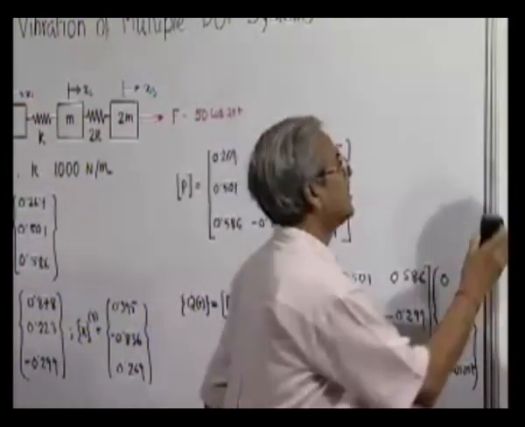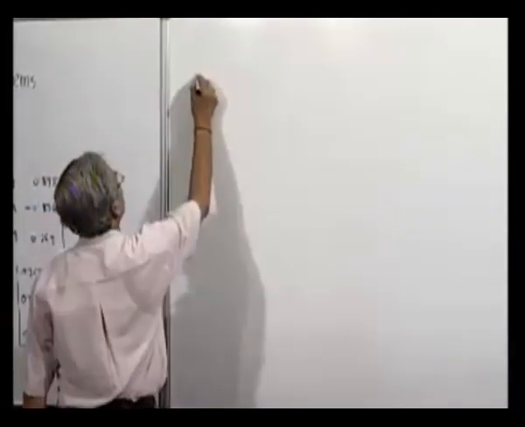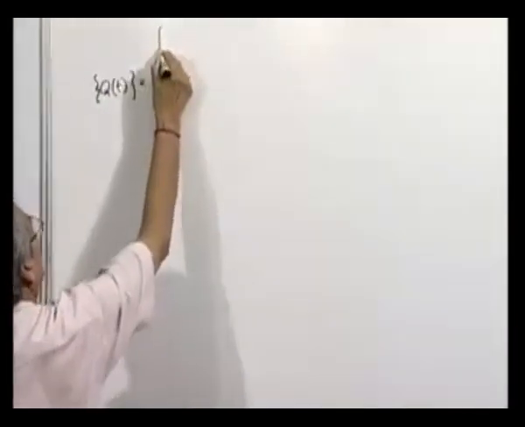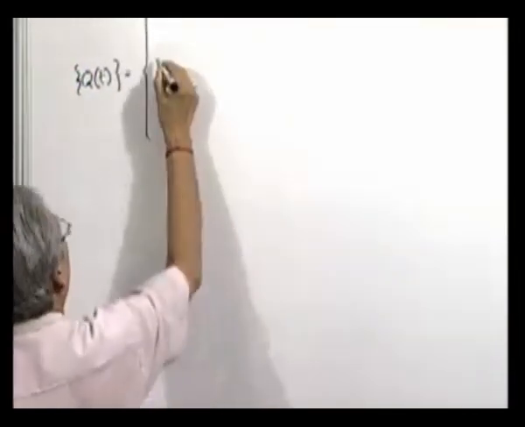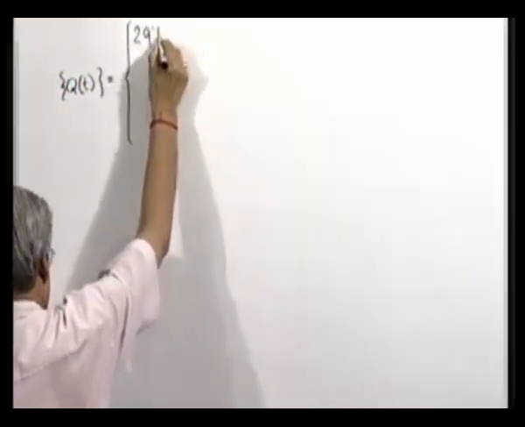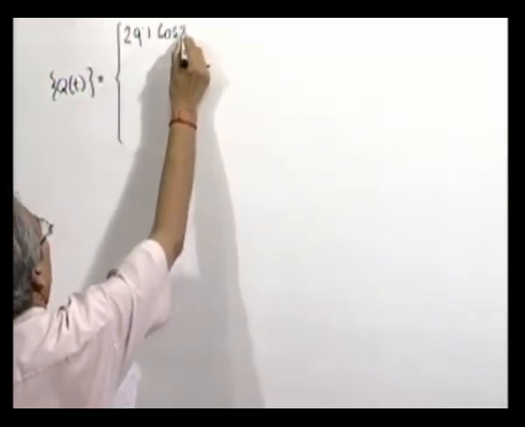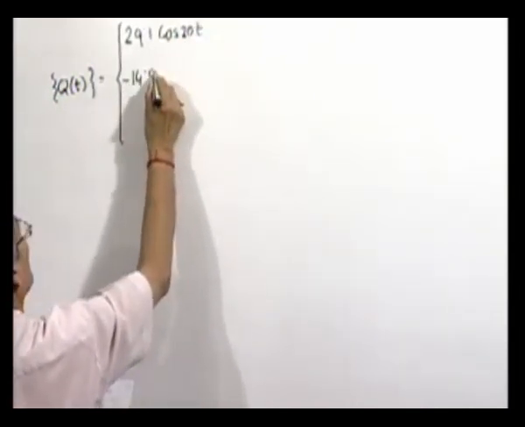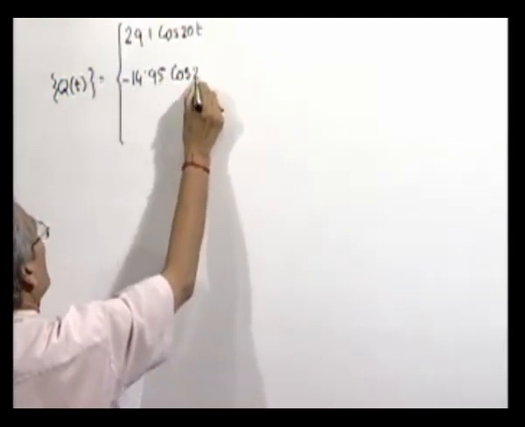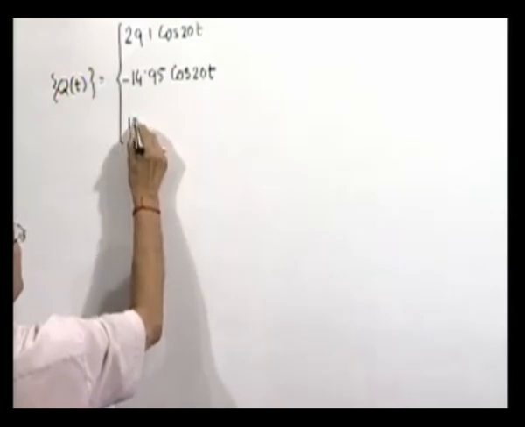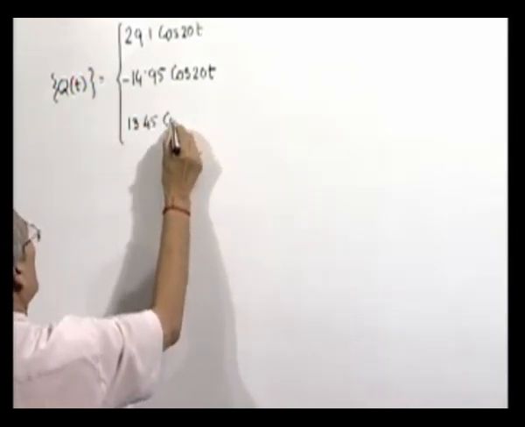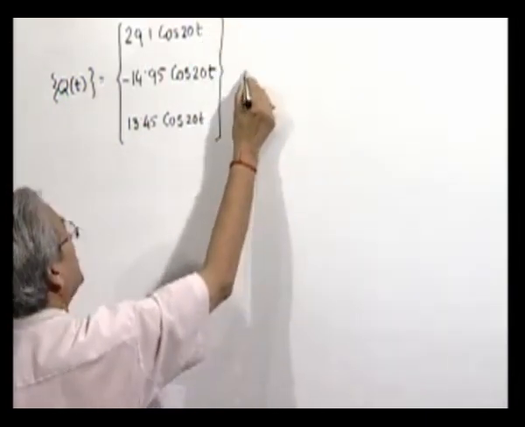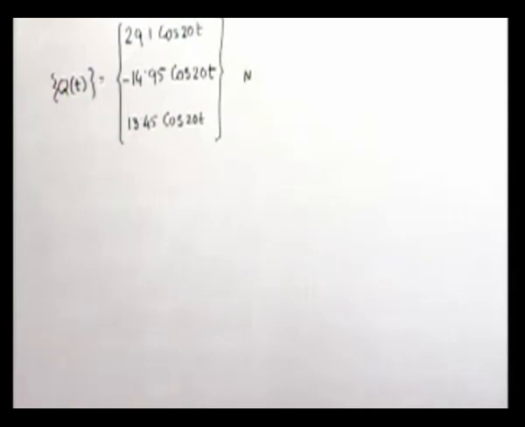Now after we do this, Qt becomes so many Newton. This will be Newton.